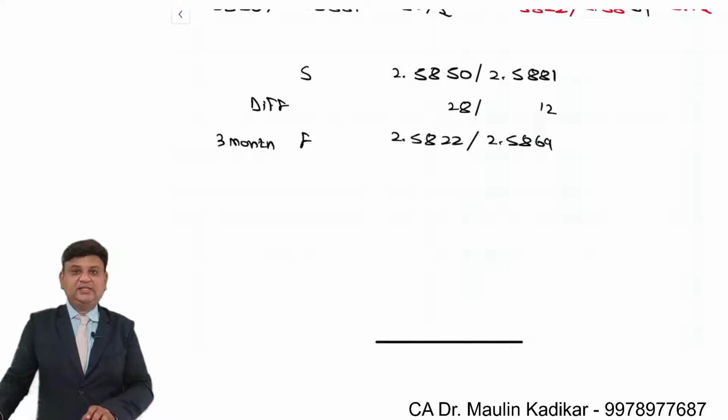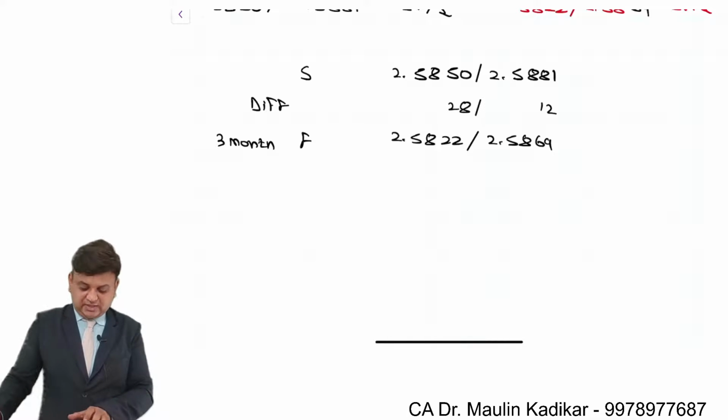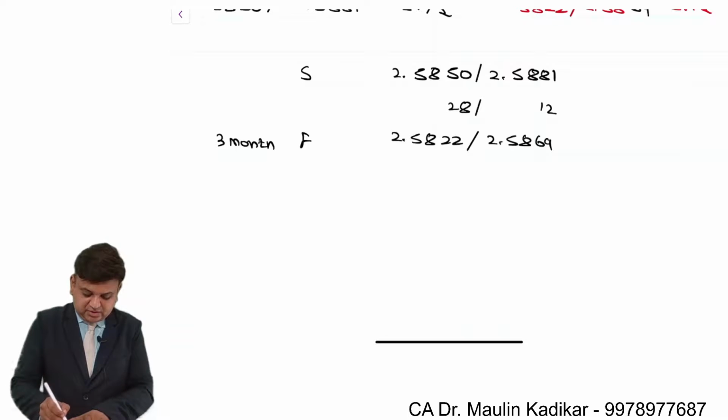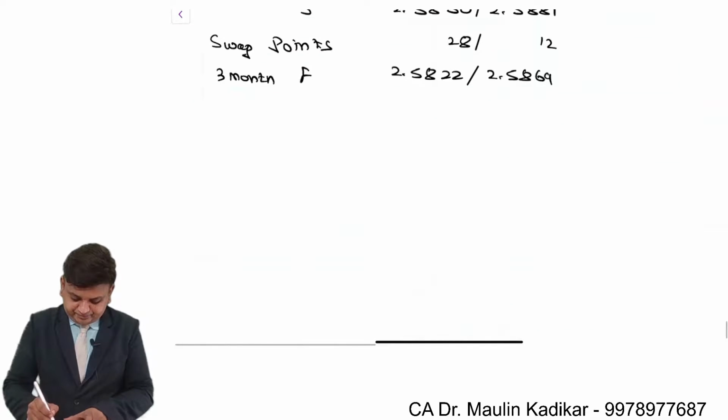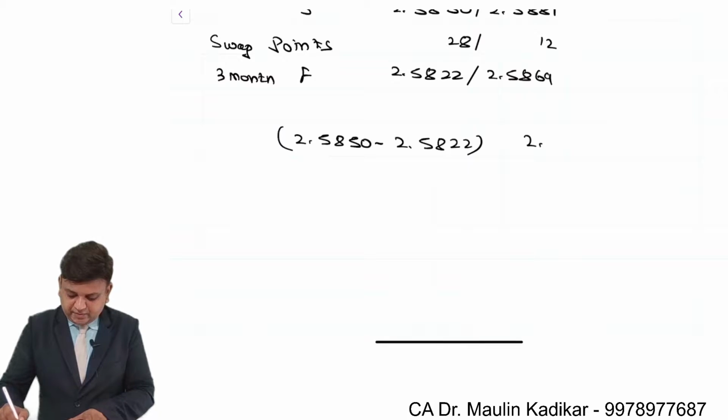We understand that it is high low, so it is required to be deducted. So this is given a name as the swap points. It is calculated like this: 2.5850 minus 2.5822, 2.5881 minus 2.5869.